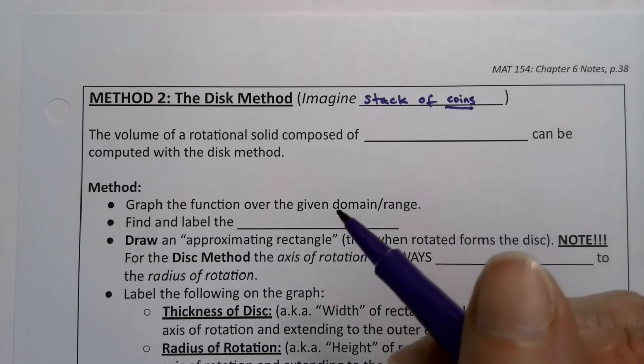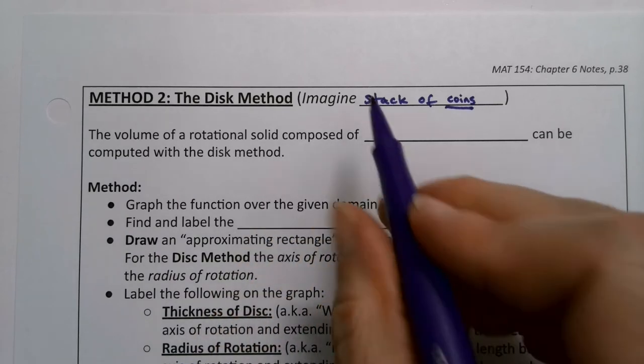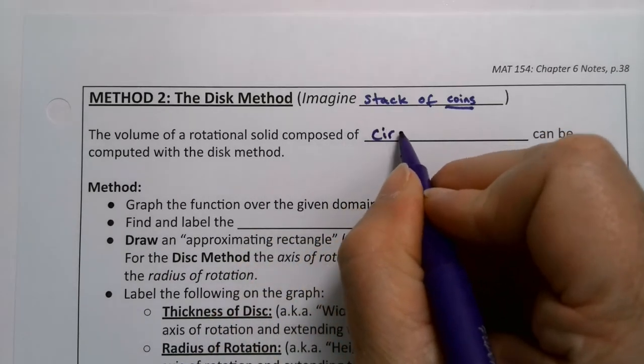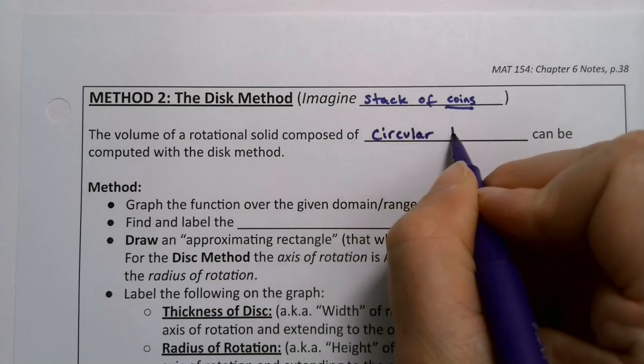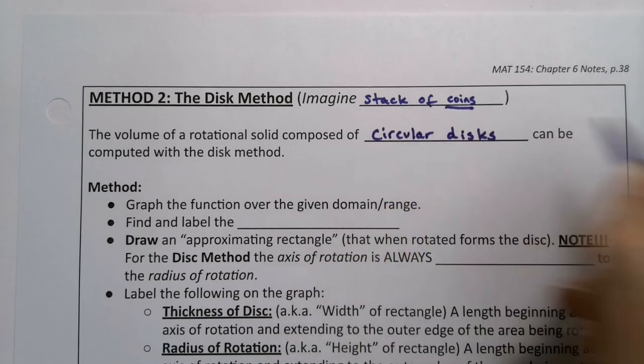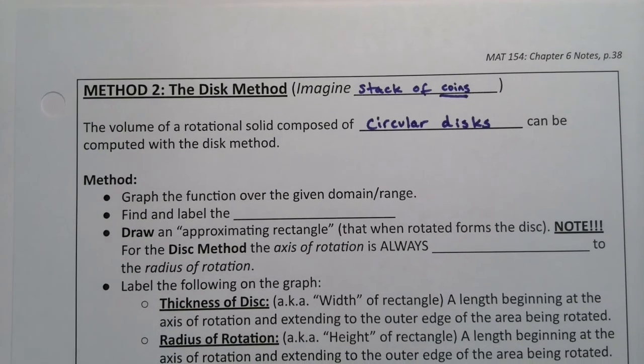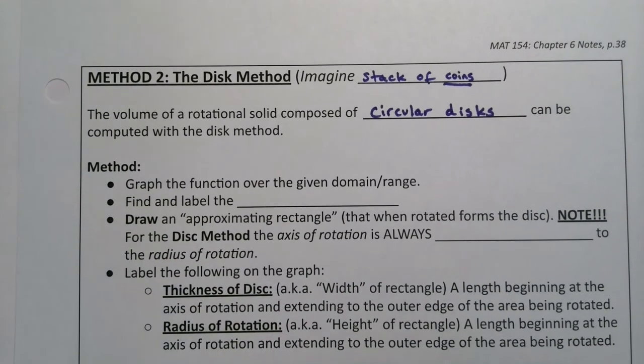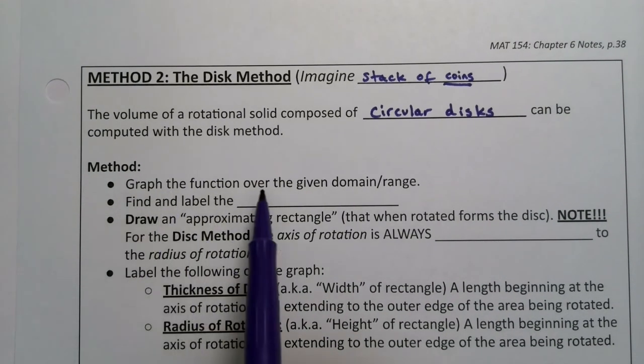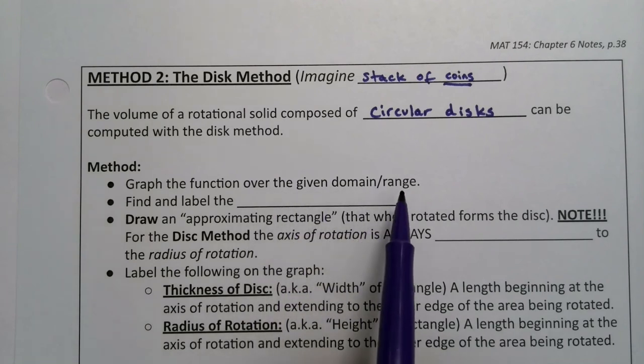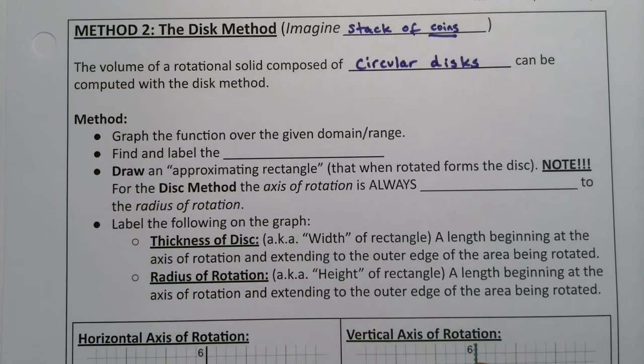So the volume of the rotational solid composed of circular discs, because you're stacking up circular discs like coins, can be computed with the disk method, right? So if you have no hole, this is what you can do. You imagine graphing the given function over the domain and range, right? You find and label your axis of rotation.